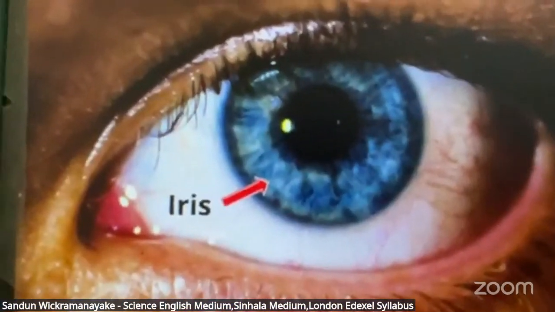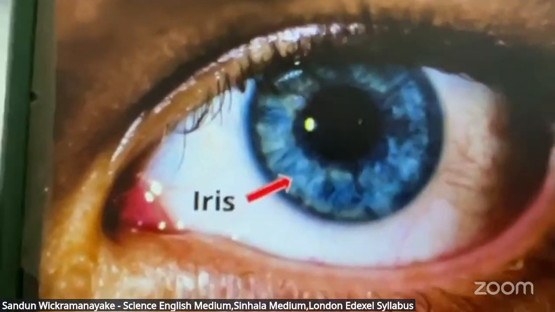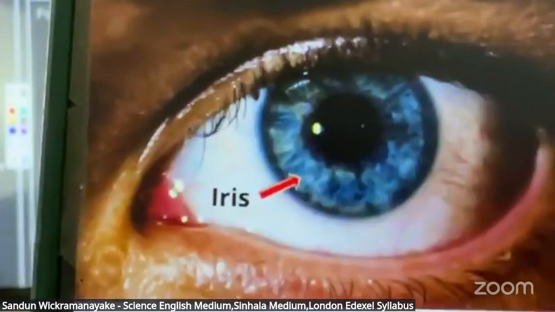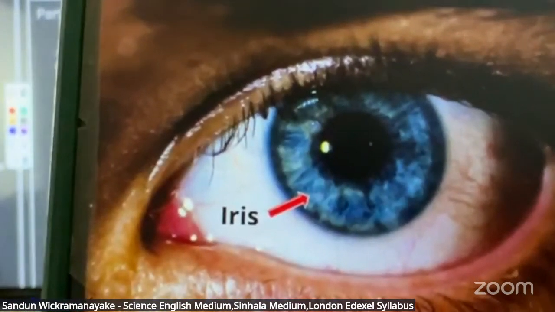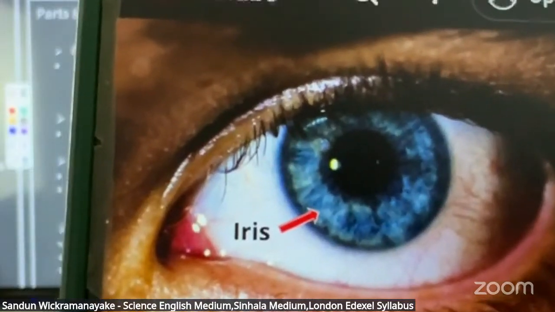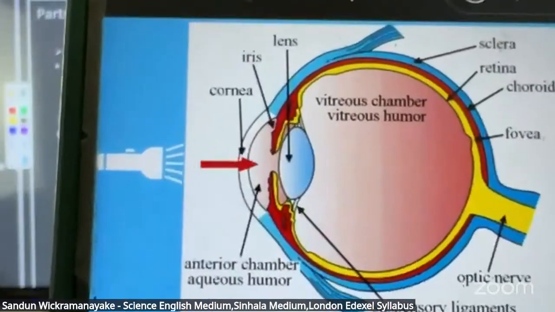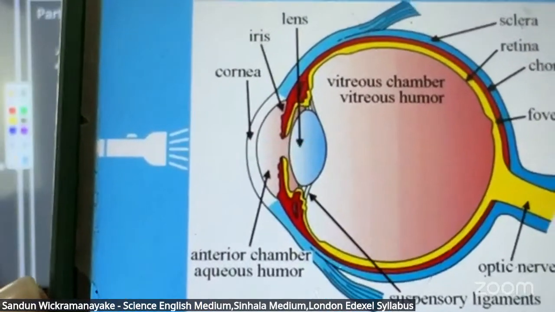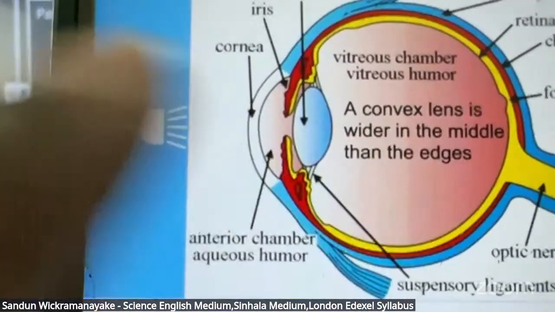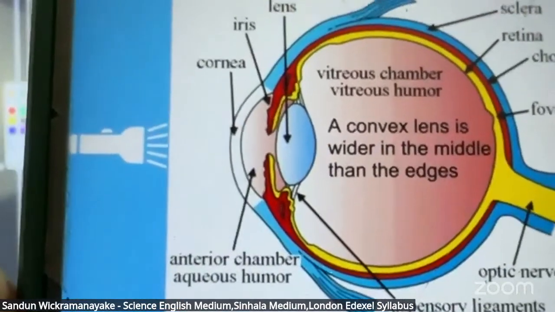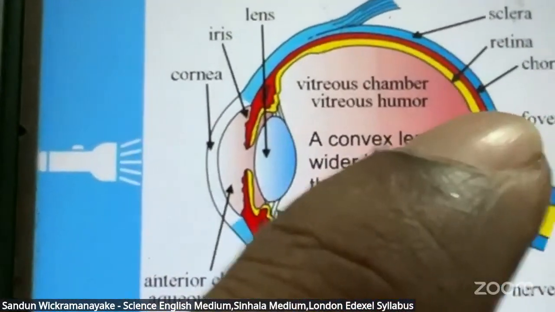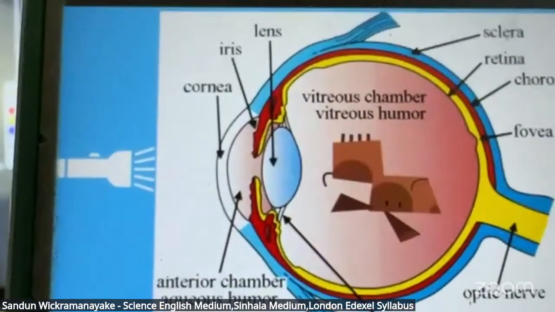After that the light rays enter the pupil, go to the lens, and the lens focuses those light rays through the vitreous humor to the retina.